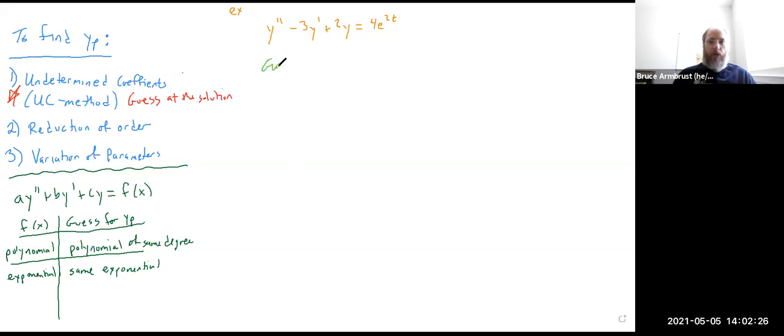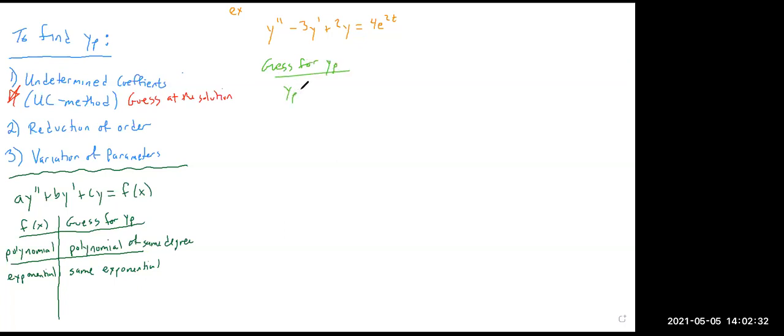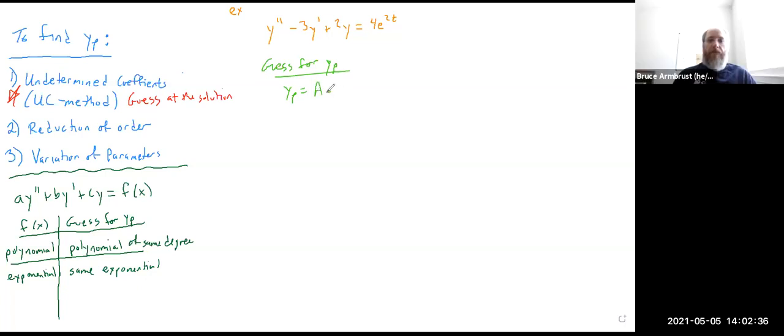So what's your guess for the form? Exponential again. Okay, so we're going to go with a e to the 2t. We want it to be exactly the same kind of exponential, e to the 2t, and we'll just choose an a. So y prime is going to be 2a e to the 2t.